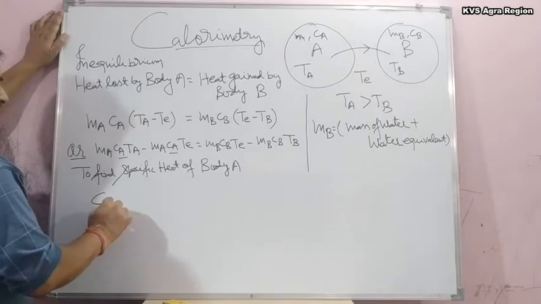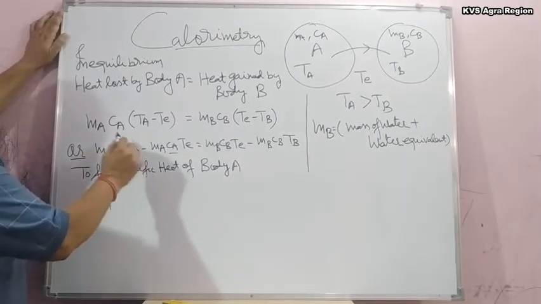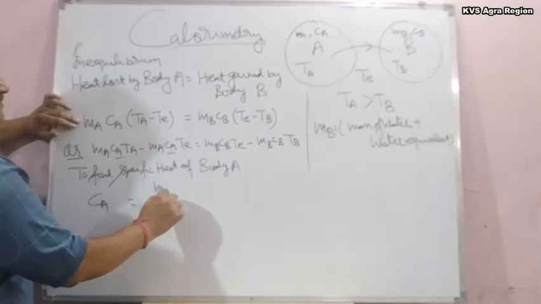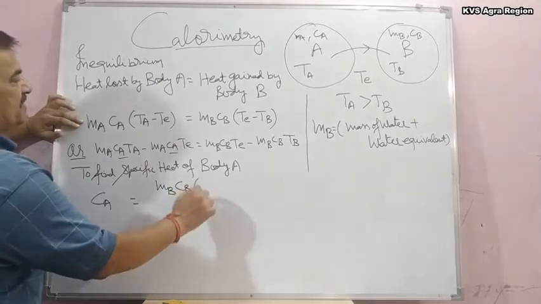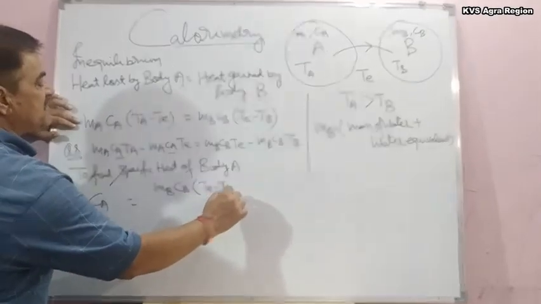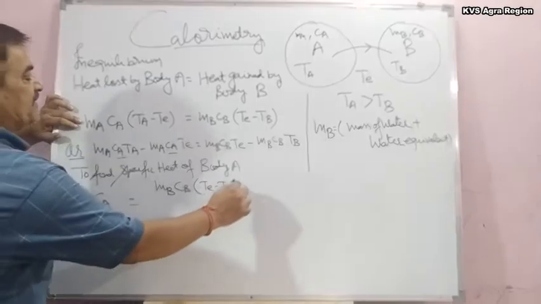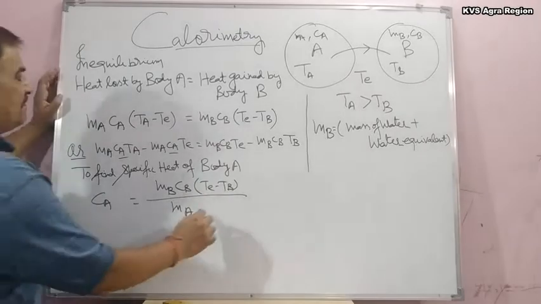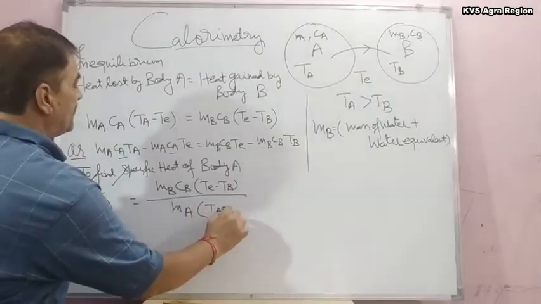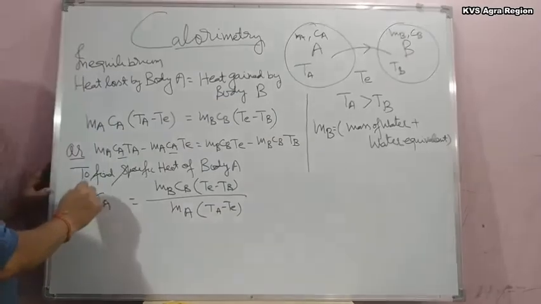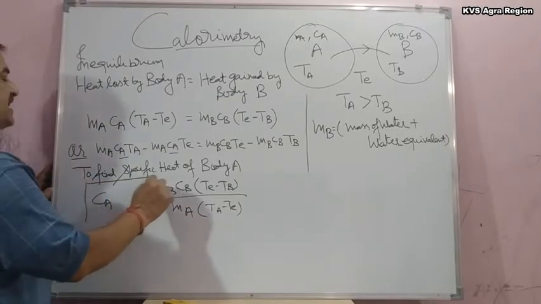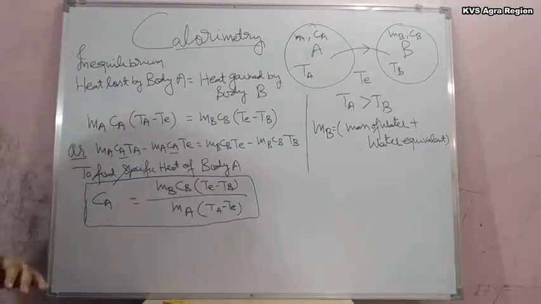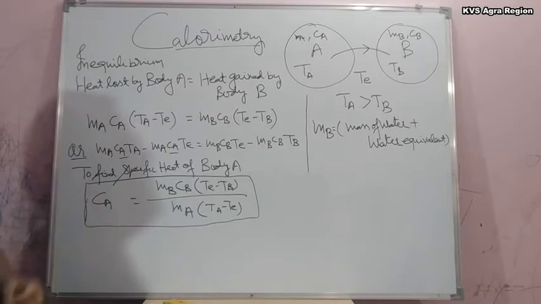So when CA is taken common, from this equation, CA will be equivalent to MB CB (TE minus TB) upon MA (TA minus TE). So using this relation, we can find the specific heat capacity of the material of body A.